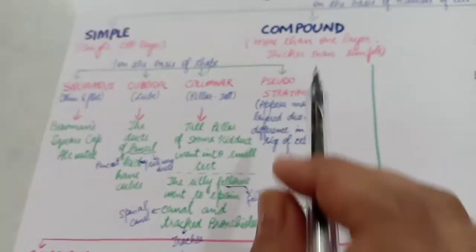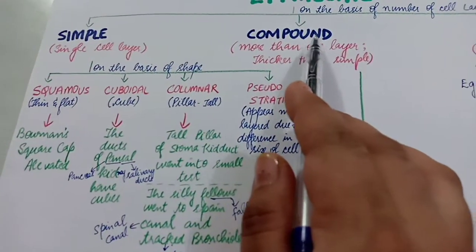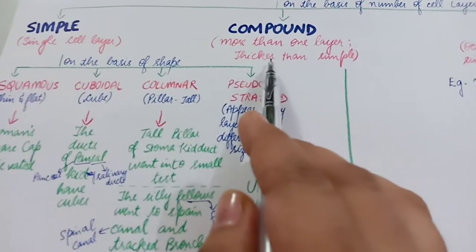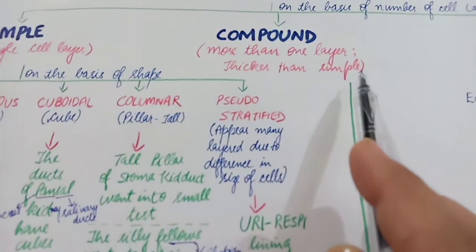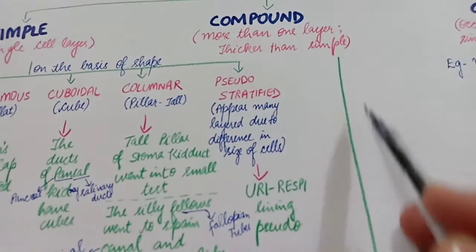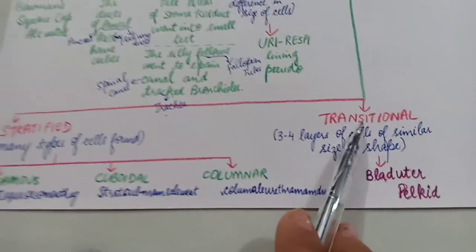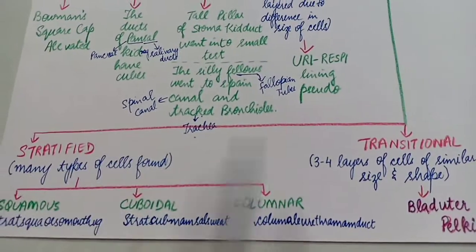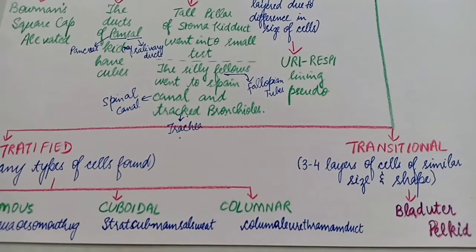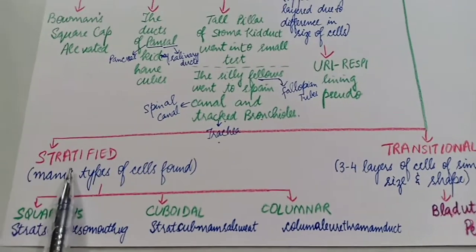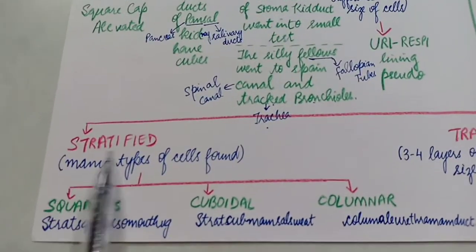Now let us move on to compound. As I told you, compound has more than one layer and is thicker than the simple epithelial tissue. So this compound is basically classified into two subtypes, stratified and transitional. Stratified, as the word is suggesting, a strata.